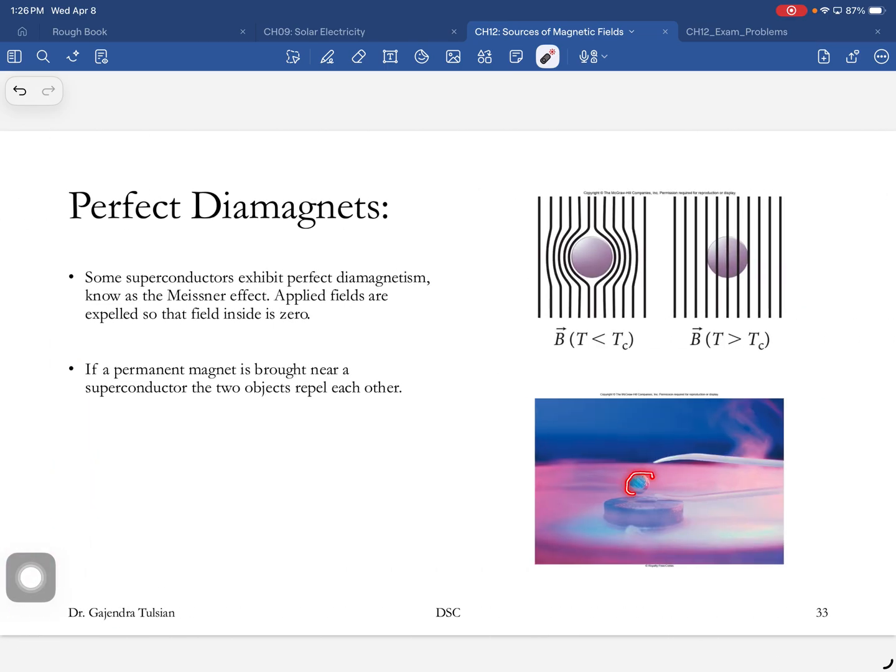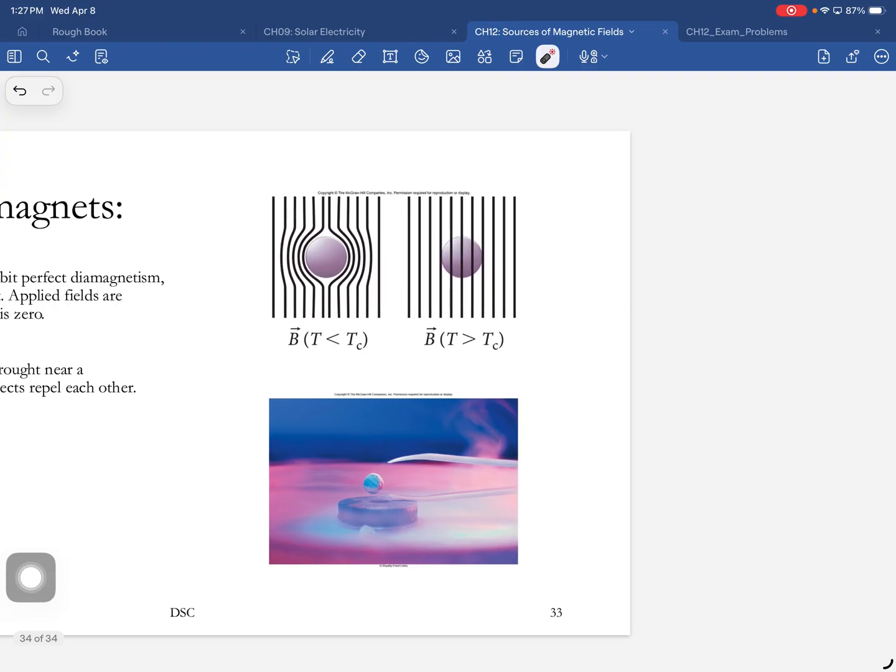And that's what happens here as well. Here is a superconducting magnet, and here's an ordinary magnet, and a superconductor is perfectly diamagnetic, and the repulsive force is making it float.